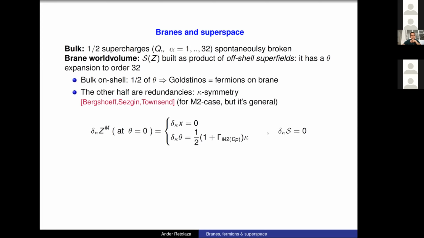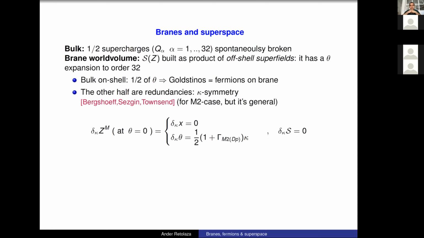Good. So now we put the background on shell. This means we consider a solution with a brane, we break half of the supercharges, and therefore half of the thetas, those generated by the spontaneously broken supercharges, no longer correspond to coordinates in the superspace that's left over.